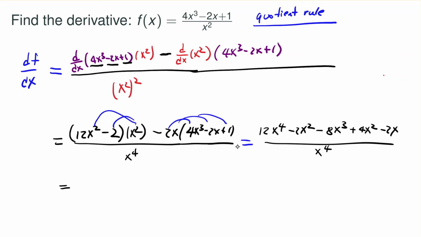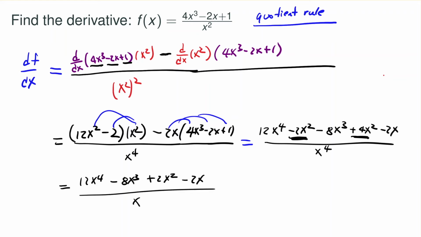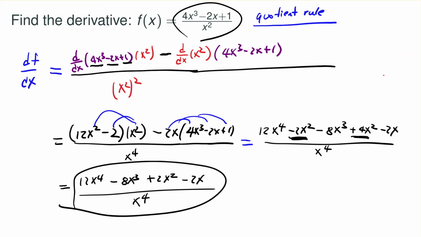So we can collect like terms, 12x fourth minus 8x cubed, and these two can combine to positive 2x squared minus 2x over x to the fourth. So this is the derivative of this function right here.